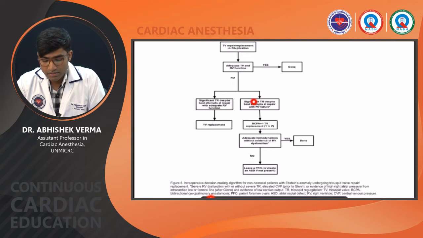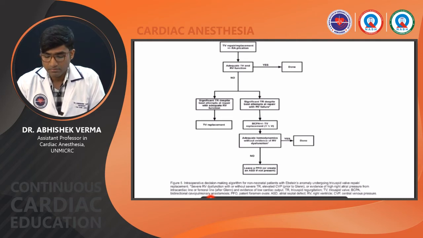But if there is significant TR despite best attempt at repair and the RV has also failed, then we go for the BDG plus or minus tricuspid valve replacement or repair, also called half and half ventricle repair. If there are adequate hemodynamics without evidence of RV dysfunction, then it is okay. Otherwise, we can leave the PFO to decompress the RV.